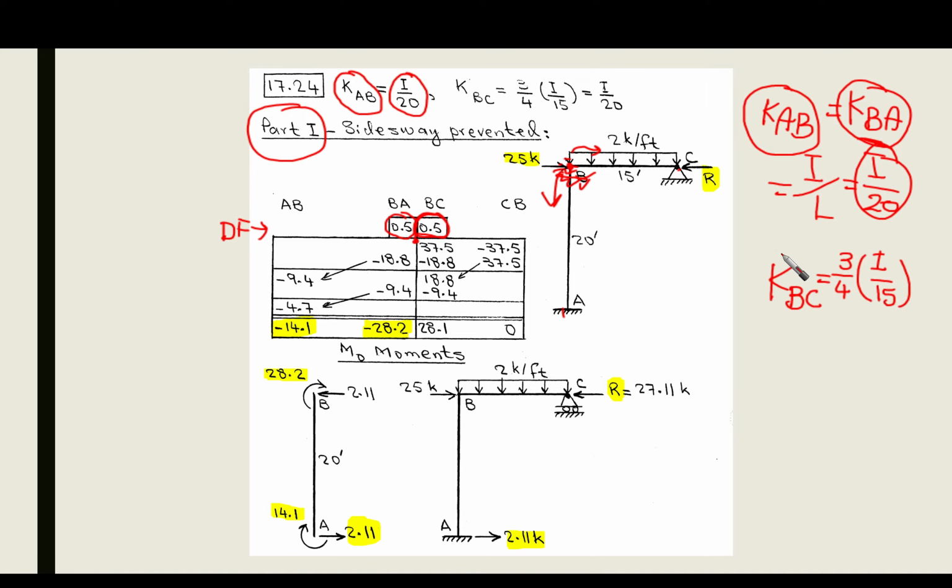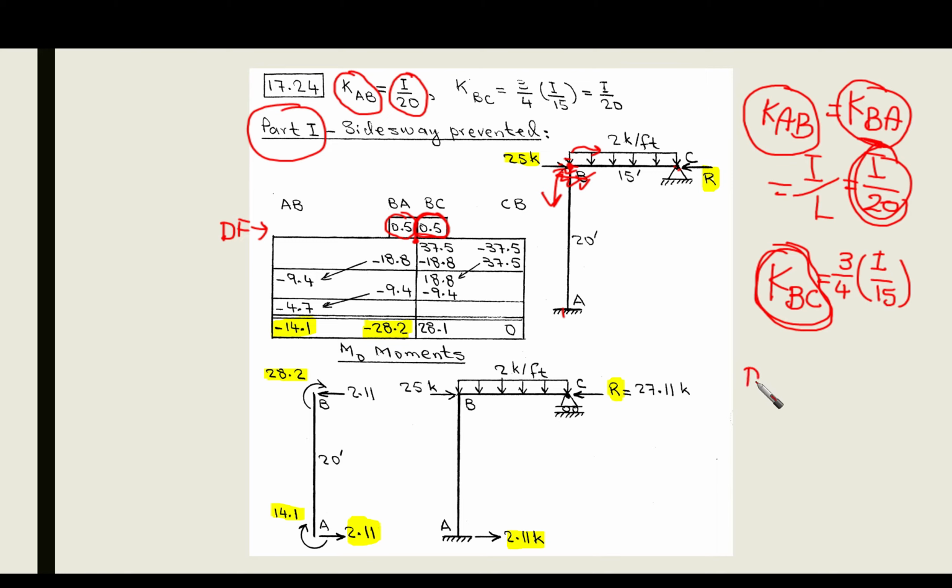So we know KBA, which is I over 20, and KBC, the relative stiffness at point B with respect to member BC, which is 3/4 I over 15. Then we can put the distribution factors easily here.